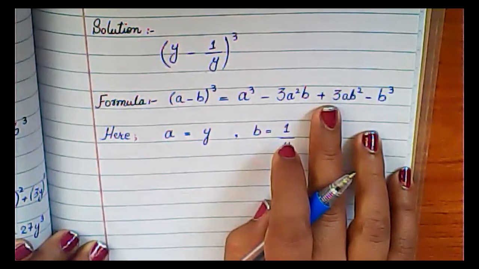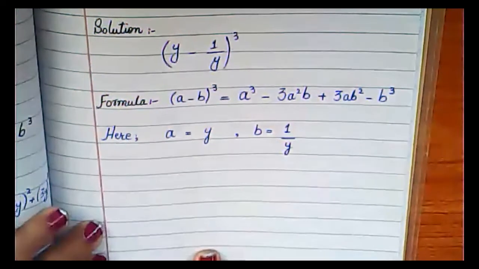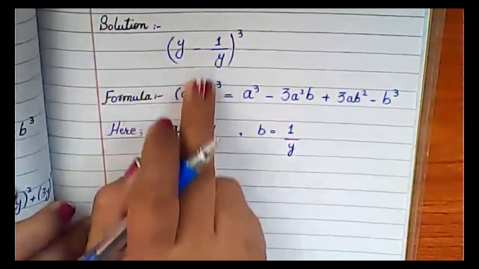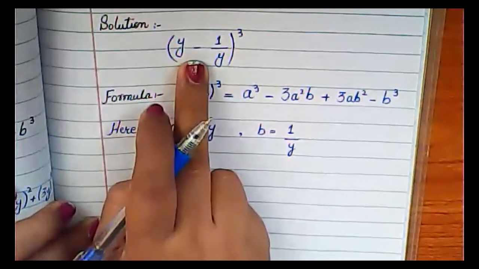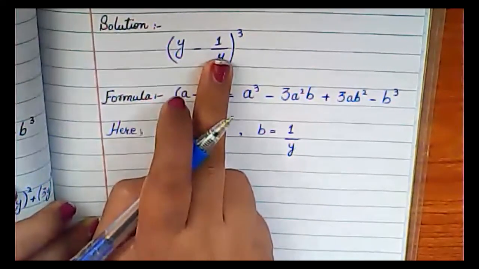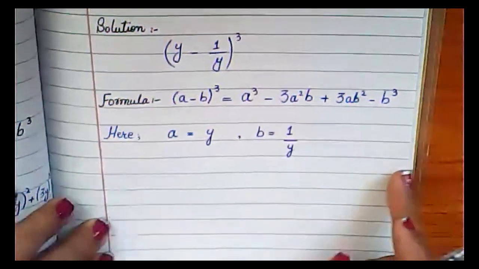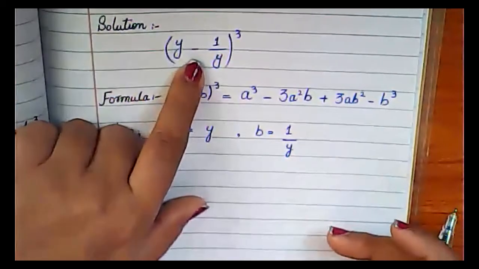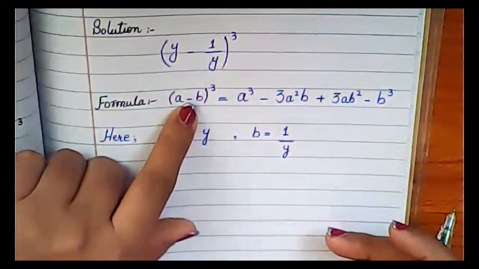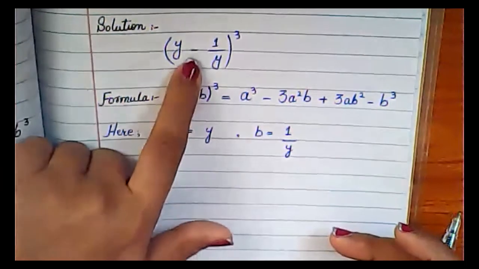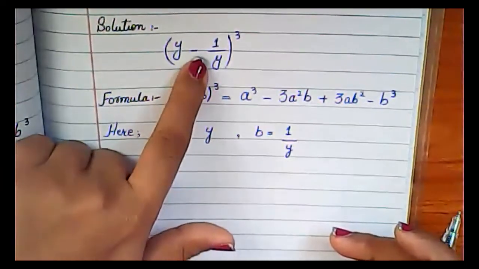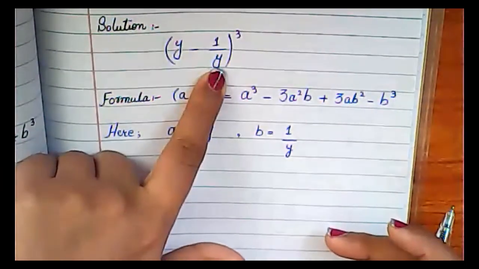Here y is term A, and 1 minus y is term B. Beta, this is term A. The sign of minus is in the formula, so no need to write here minus 1 upon y. You will take only y. No, beta, do not confuse. Look here: in the formula, you have the minus sign. So you will not take here minus 1 upon y.